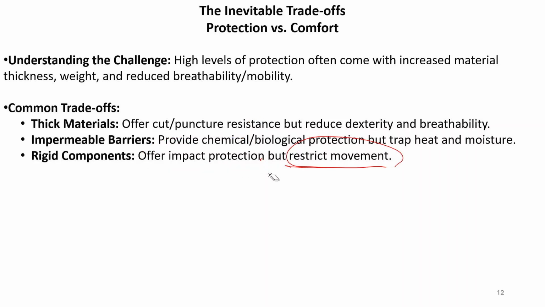So, we have to carry out a study, an ergonomic study we must do, but we cannot altogether eliminate the protection. Protection has to be there, but we have to optimize the ergonomics, breathability, heat and moisture transmission, and body movement.